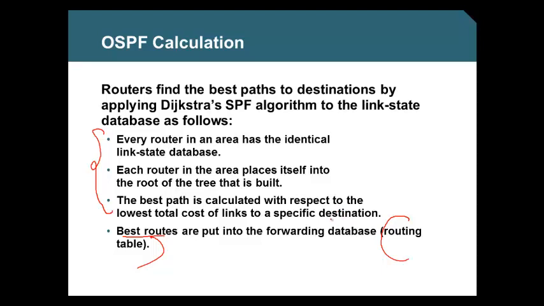OSPF will say, this is my best route. EIGRP will say, this is my best route. Both are in the same router. Administrative distance will also come into the picture. It would have been better if it were mentioned here, but they didn't mention it. Sometimes people forget that particular part, administrative distance.